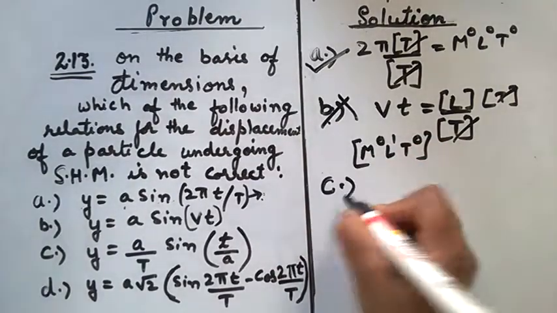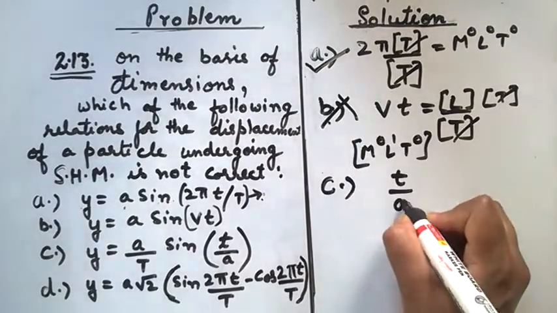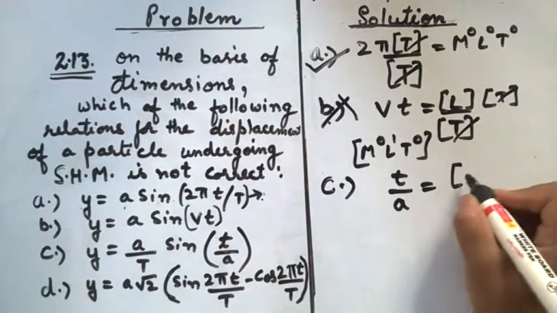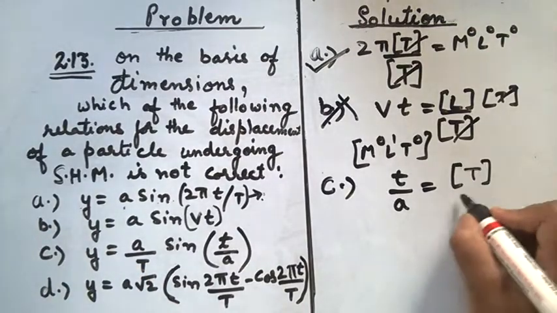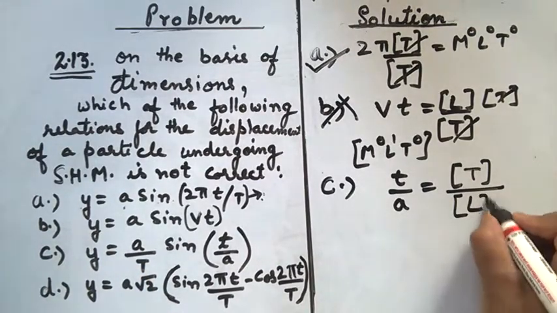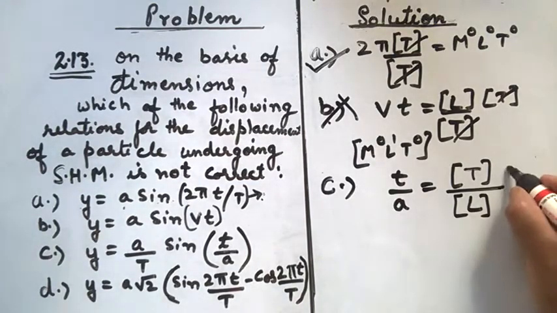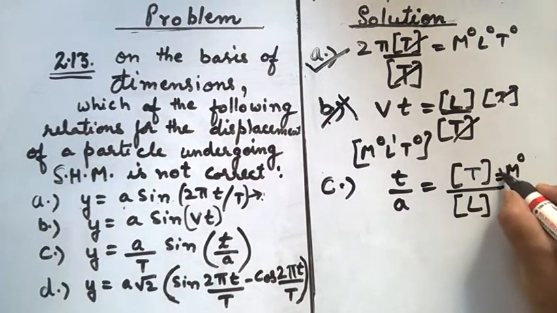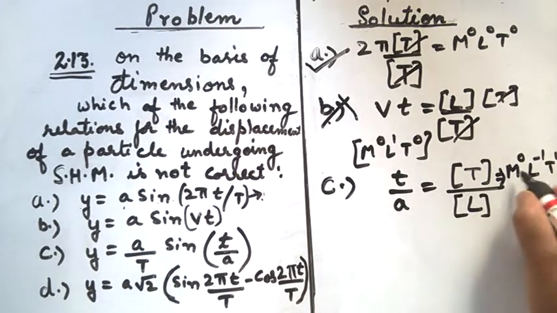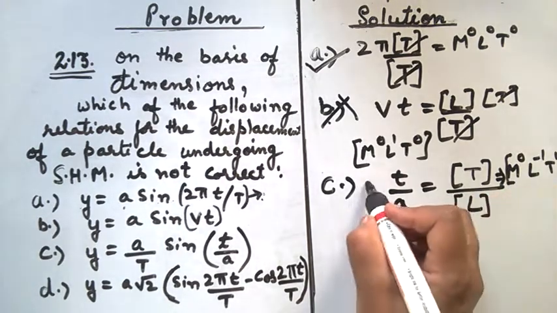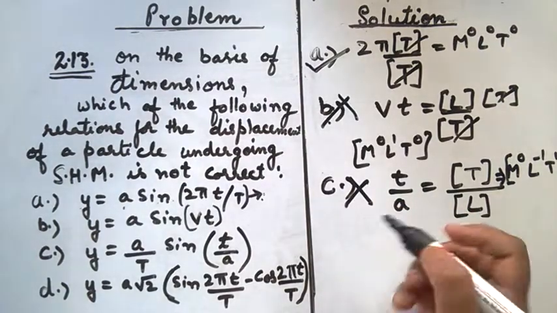Third is t by a. t is time and a is the maximum amplitude, given by length. Here the dimensions are M0 L minus 1 T1, so it is also not the equation of SHM.